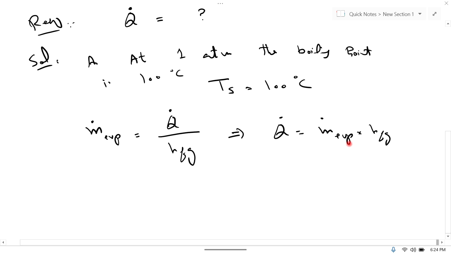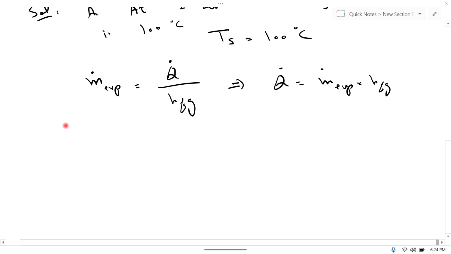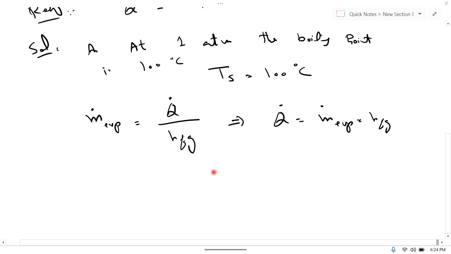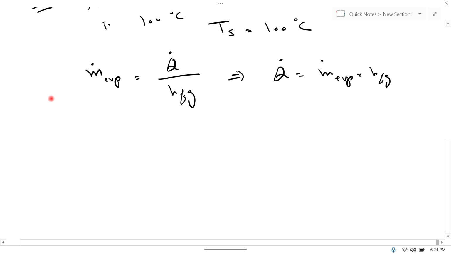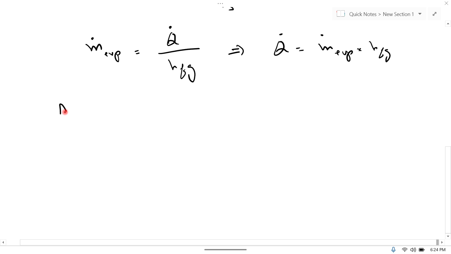rate of evaporation we will first find the mass of evaporation, and since time is given to us, from the mass of evaporation we can easily find the rate of evaporation. We know that specific volume is equal to total volume divided by mass.